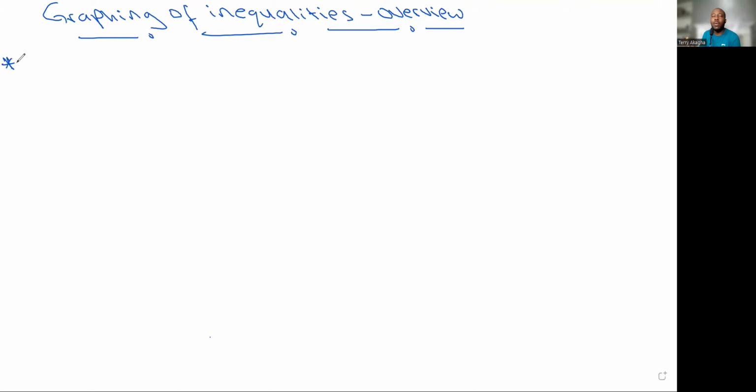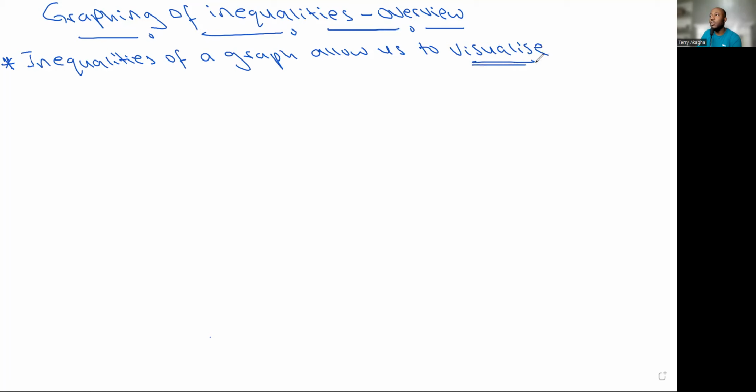When I say inequalities, inequalities of a graph allow us to visualize, so basically to see, the region that satisfies one or more inequalities.